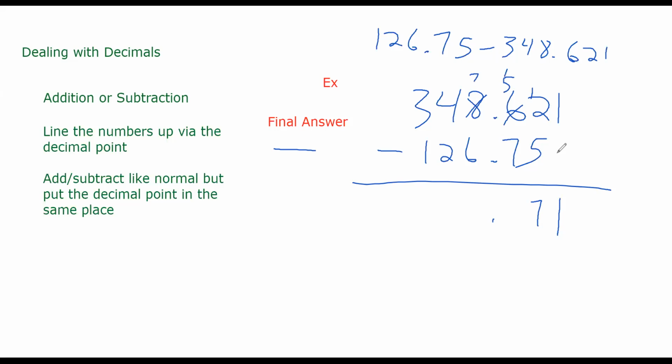That becomes 15 now. 15 minus 7 is 8, exactly. Then the rest should go smoothly. What's 7 minus 6? What's 4 minus 2? What's 3 minus 1? 2 as well. So we get 221.871, but remember, that's not the actual answer, it's the negative of that.